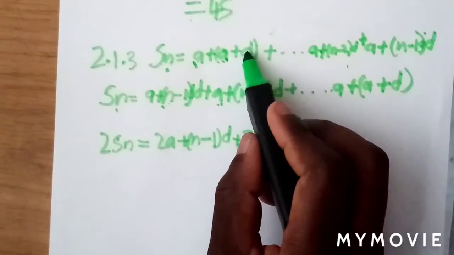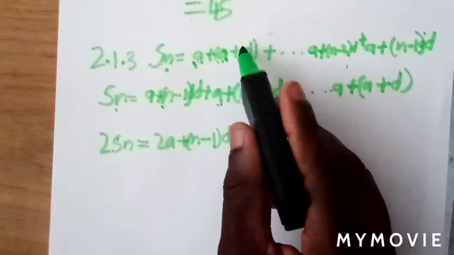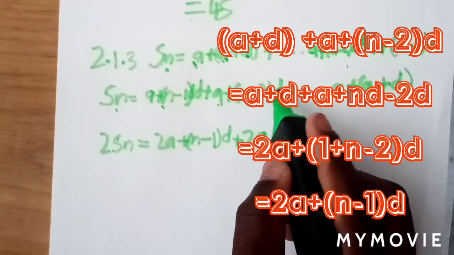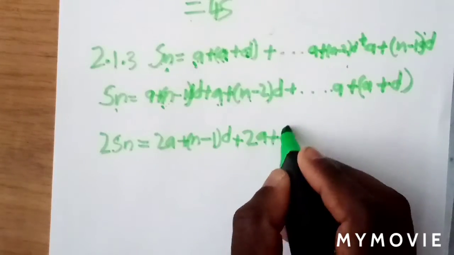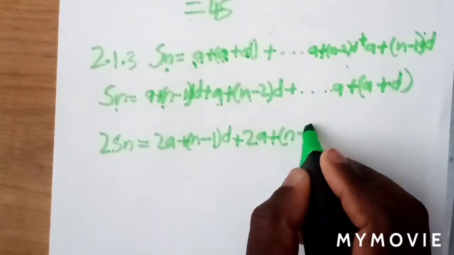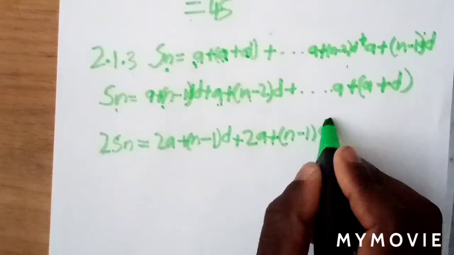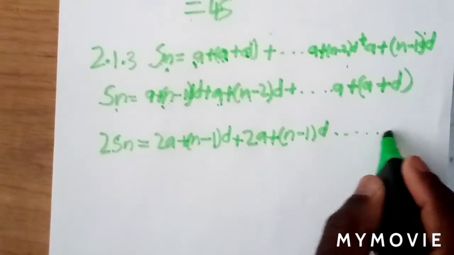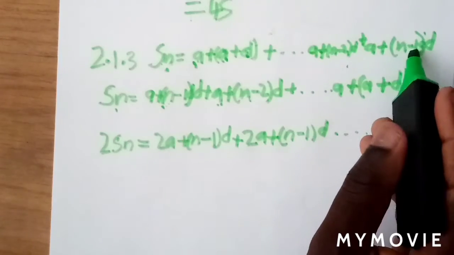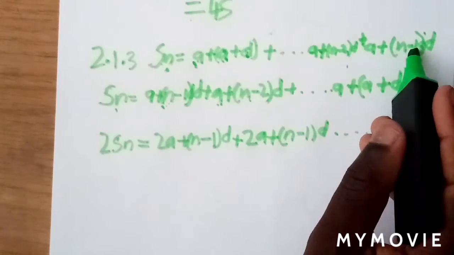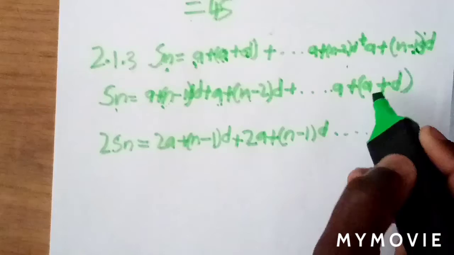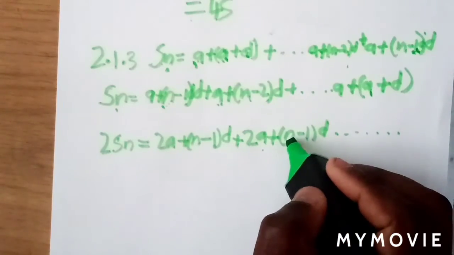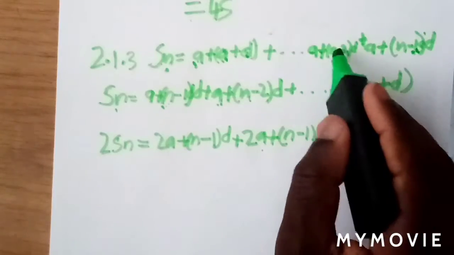Then d plus n minus 2 into d gives you plus n minus 1 into d. Even if you add this one with this, it is going to give you 2a plus n minus 1 into d, and this one with this one.